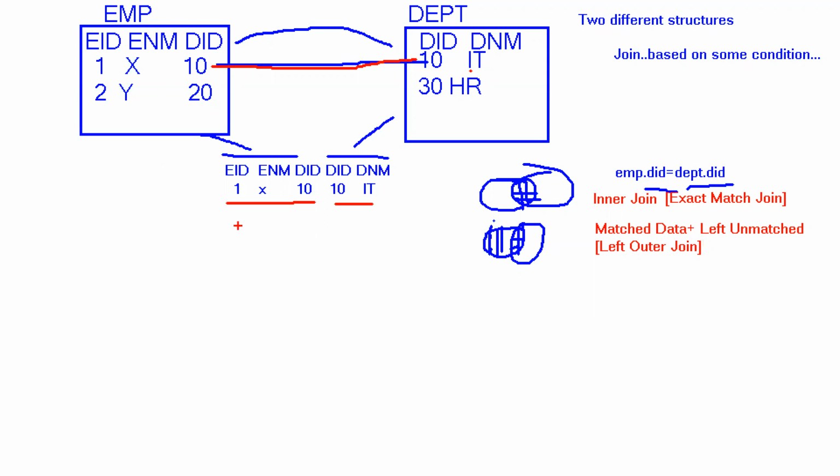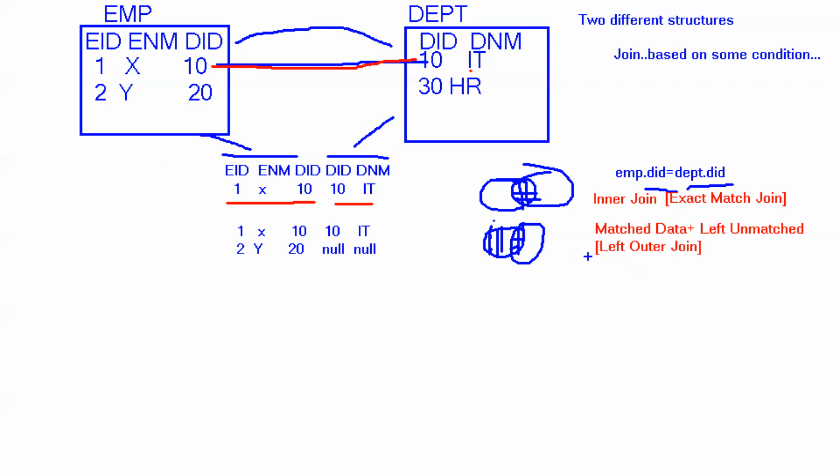So what is the matched data here? 1, x, 10, 10, IT. 2, y, 20, department ID null, department name null. This is a left outer join; the left-hand side outer data you are fetching.